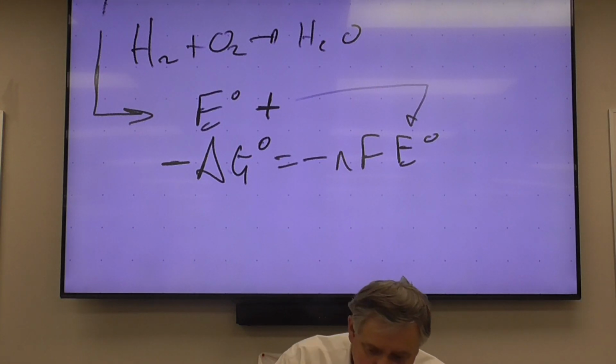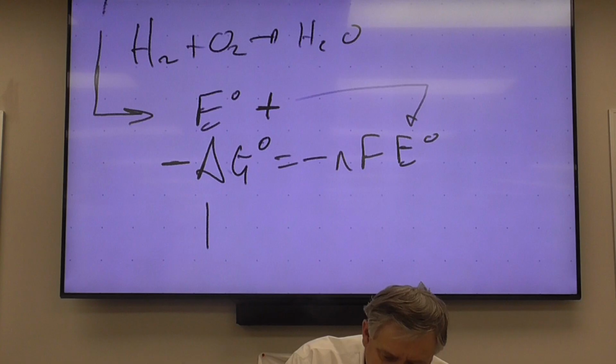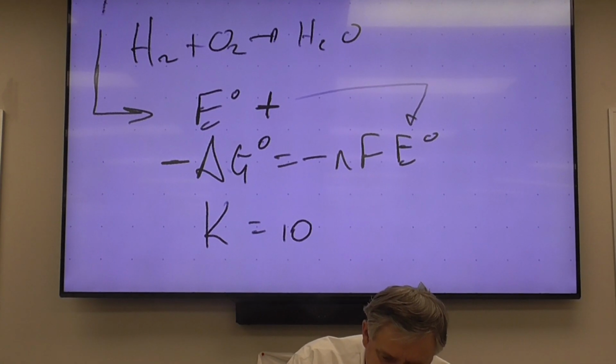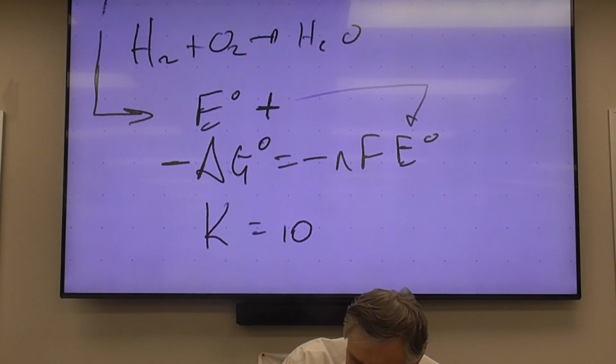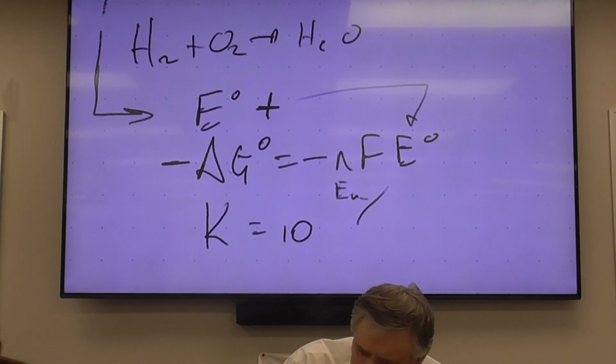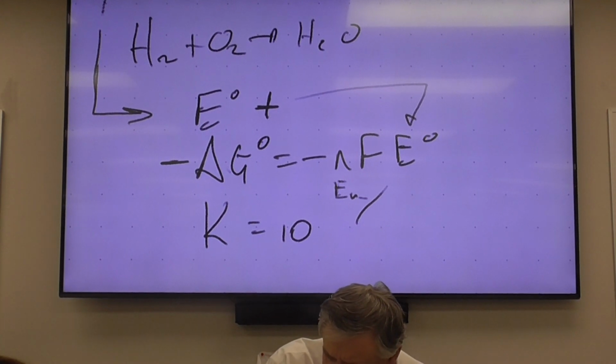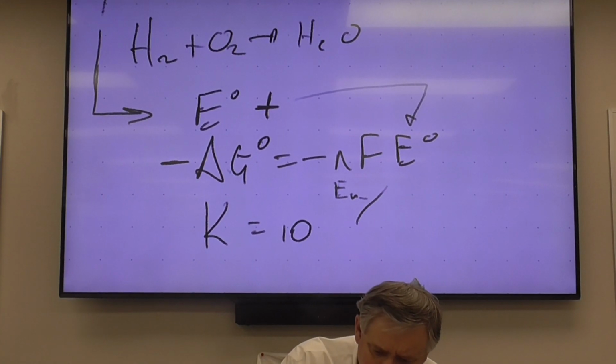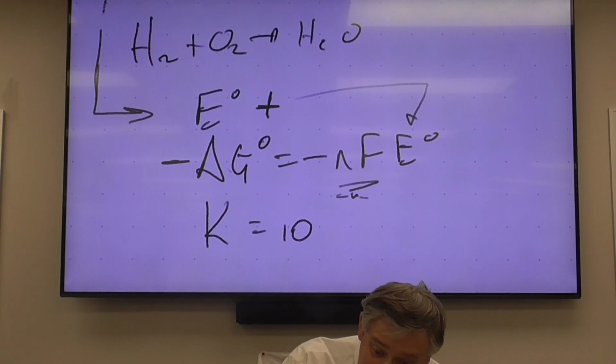Now, here's your third criteria, is that you need to calculate K. And K is 10 to the, what is it, E naught value times n over, I don't even know, over Faraday's constant, if I remember right. No, 0.0592, my bad. That was my stomach.